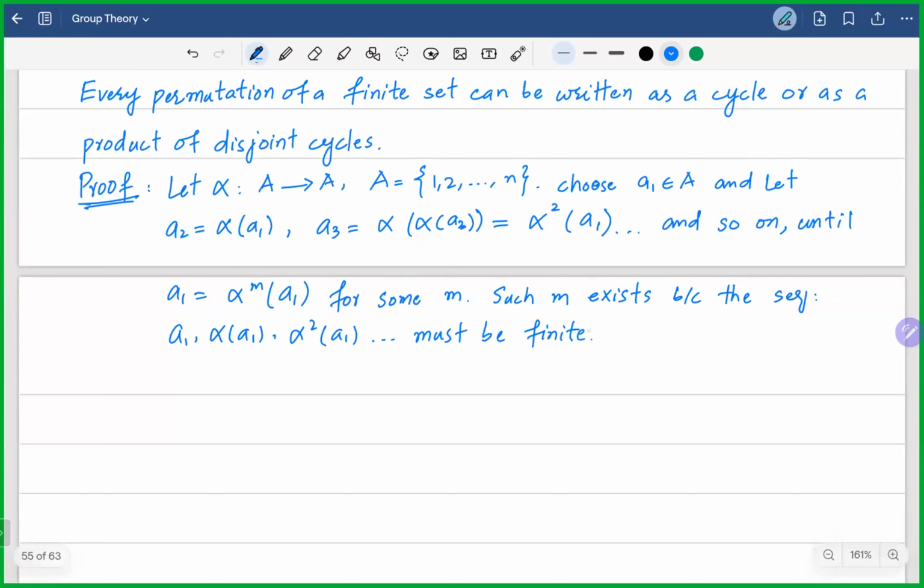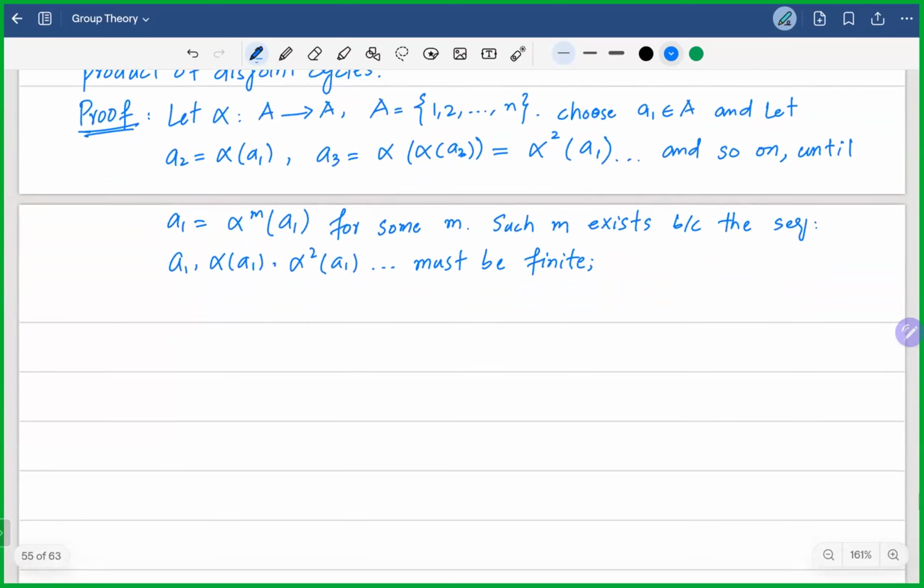So there must eventually be a repetition: alpha to the i of A1 equals alpha to the j of A1 for some i and j, where i is less than j.